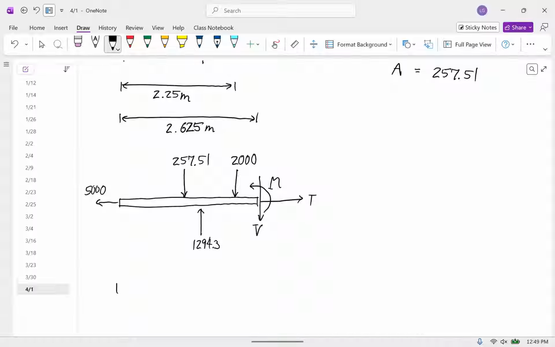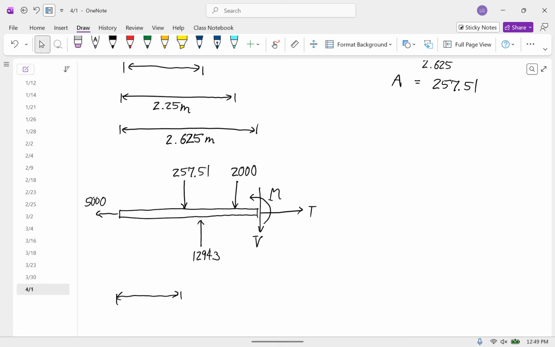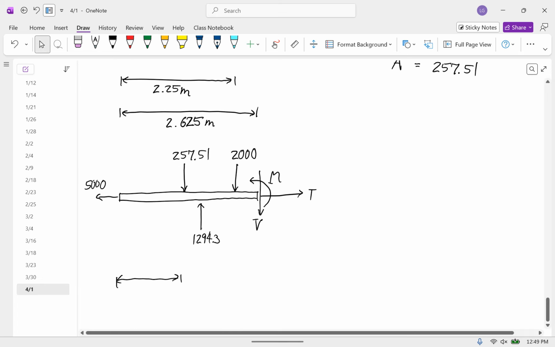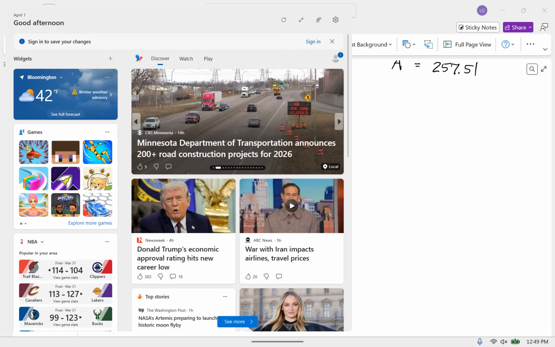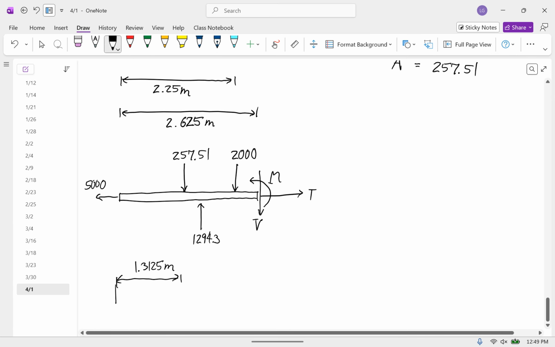And the distances, we're going to need this for the moments. This one is 1.3125. This one is 1.5.